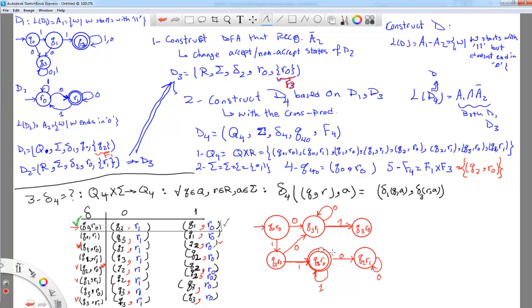So then, let me just draw this back with a 1, we're going to transition back here, then with a 0, we can transition this way.